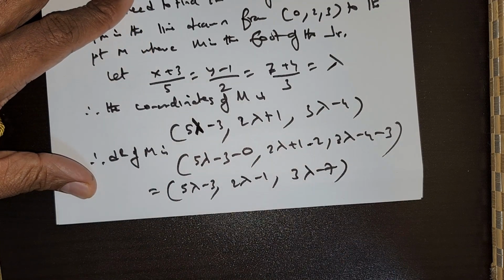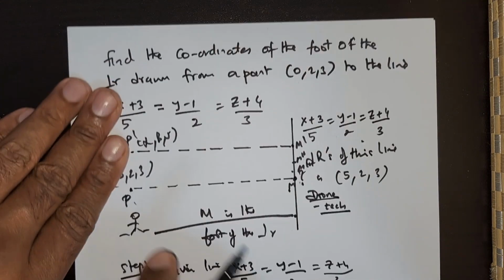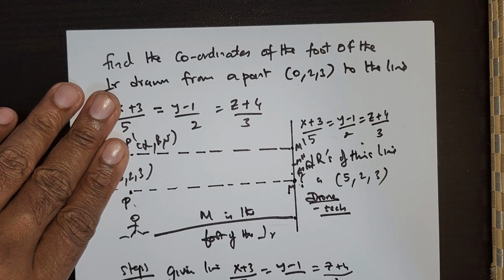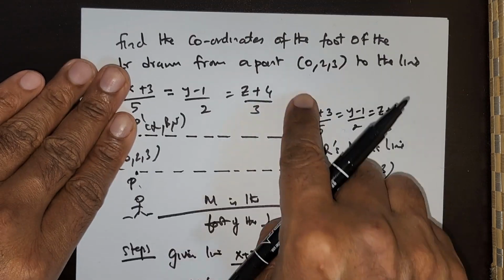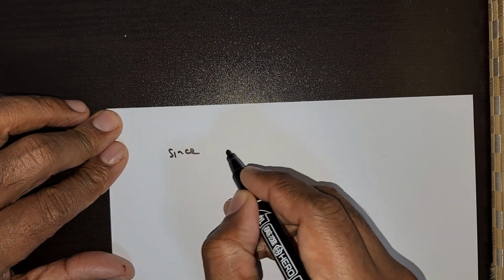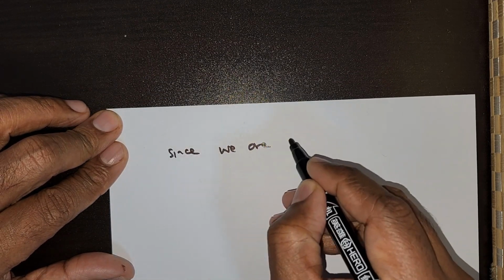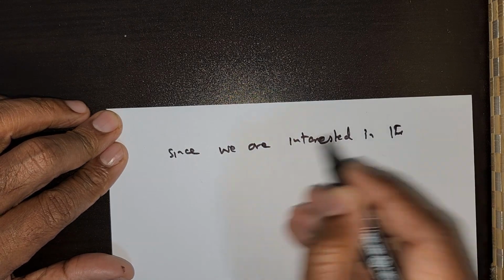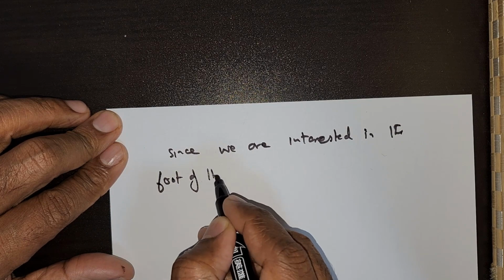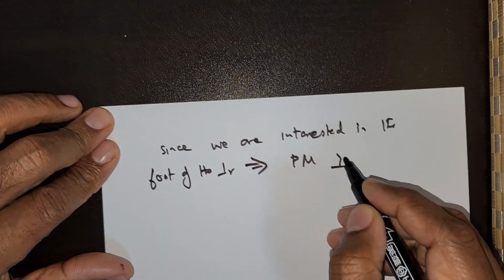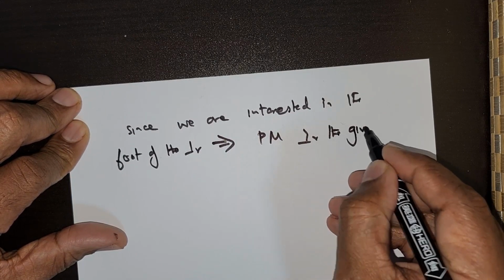Now, because we are looking for the foot of the perpendicular, PM should be perpendicular to the given line.